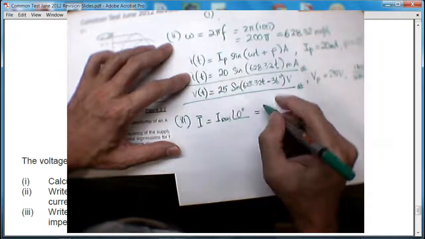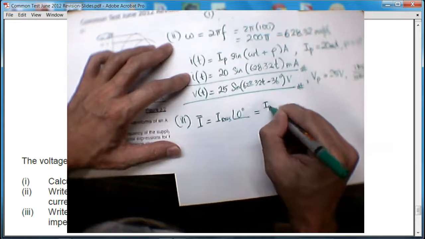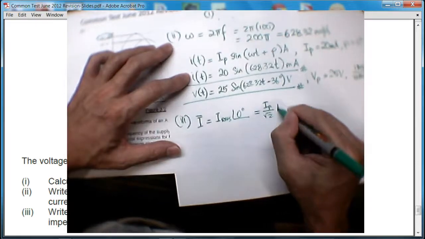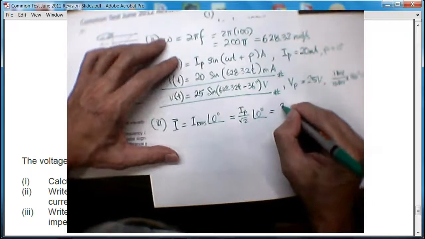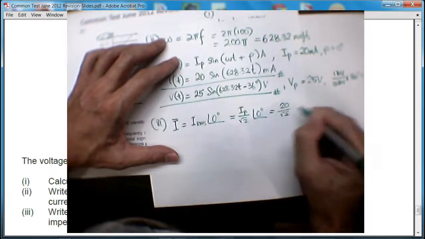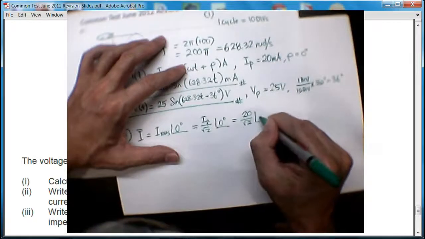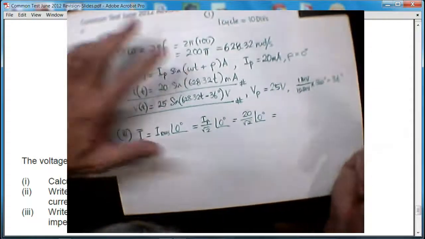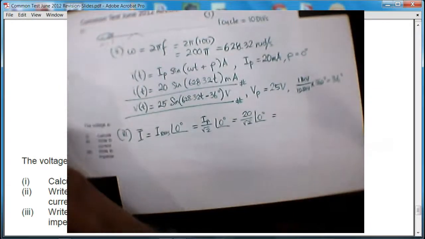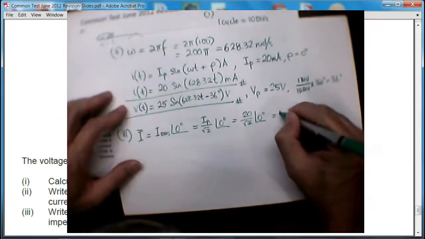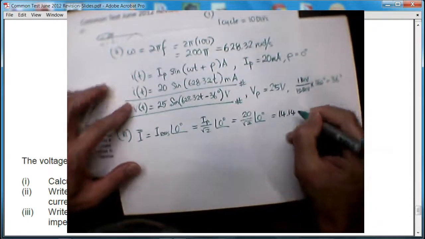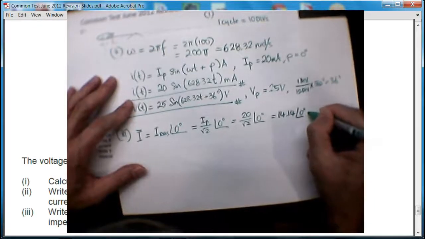Root mean square is the V peak or I peak divided by root 2, angle 0, which is equal to 20 divided by root 2, which is 14.14 angle 0 milliamp.